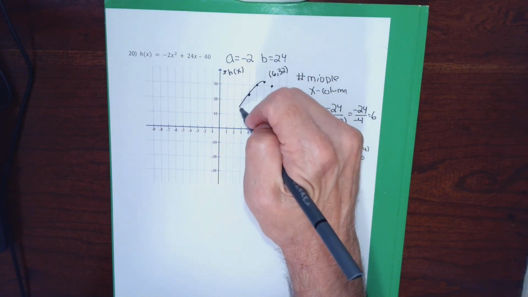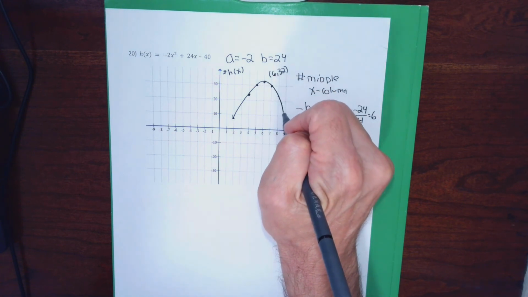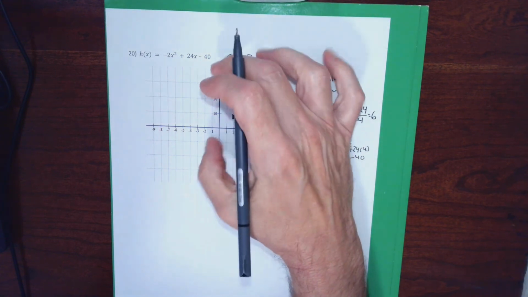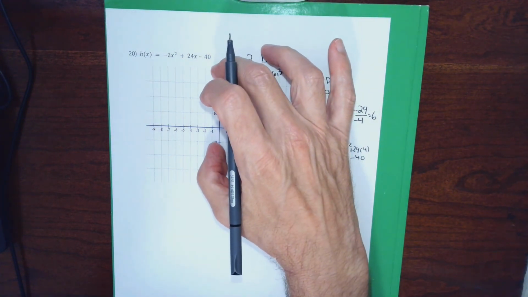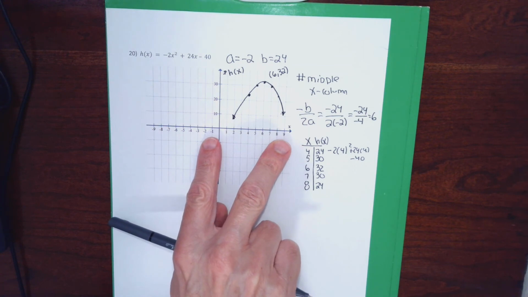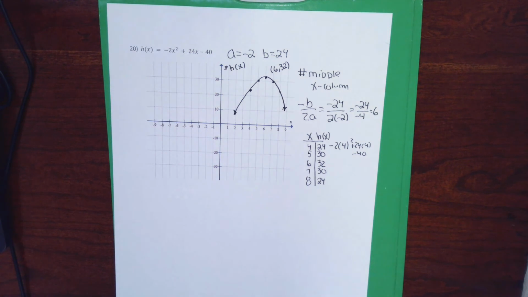You're going to increment your axes, if you're doing it by hand, by at least 5. Mine are incremented by 10s. When the units on the y-axis are far apart and the units on the x-axis are close, it distorts how the parabola looks. It makes this look wider than it really would.